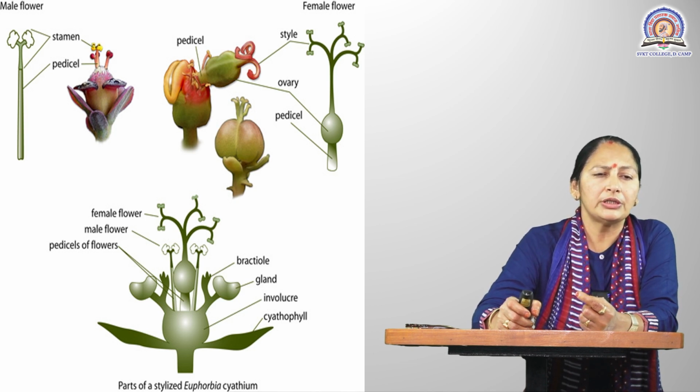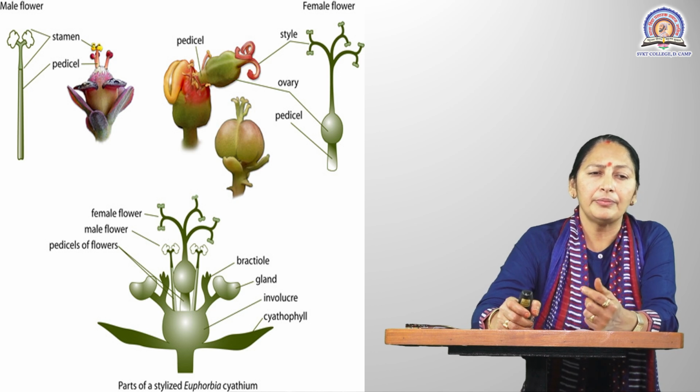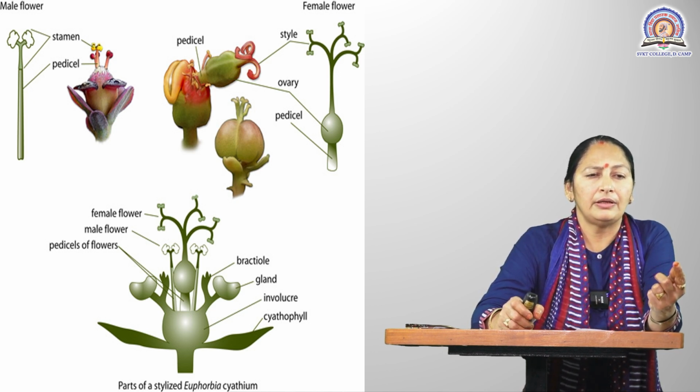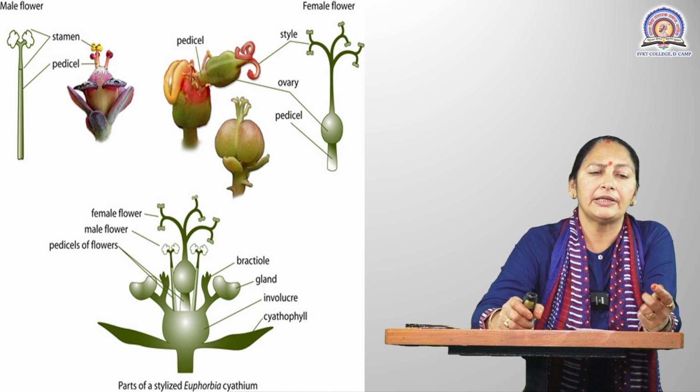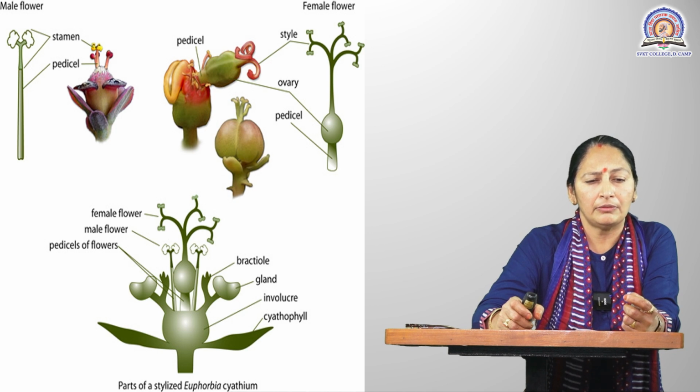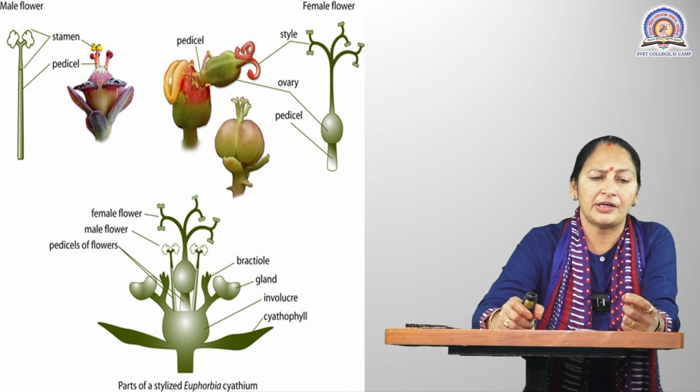And also the stamen in the second diagram, on the right side there is the stamen, and the pedicel of the male flower is properly developed. This is the female flower, and below the female flower the male flowers are arranged, also pedicellate.